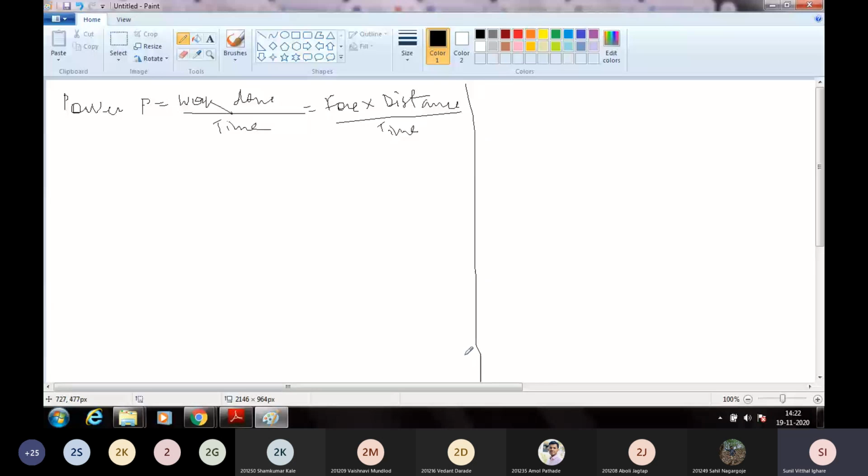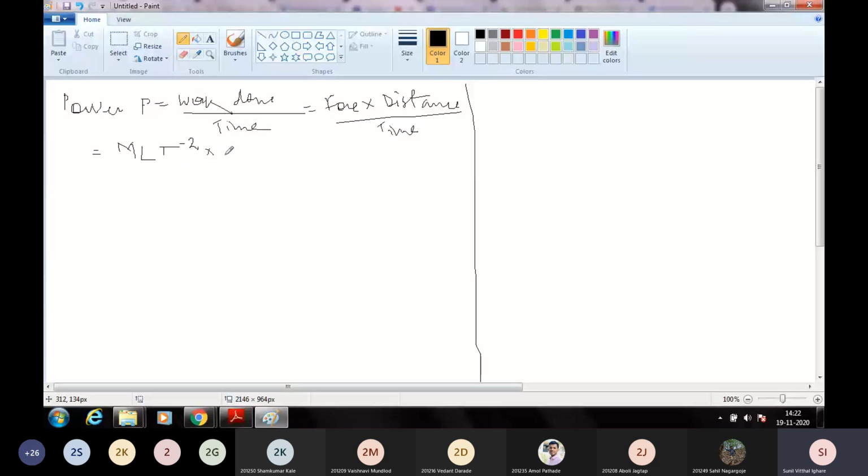Okay. So how to write force in the fundamental form, we just have seen. So I will directly put the value of force, M into L into T to the power minus 2. Don't remember it. Just see how it has been solved and try to remember the procedure and go with the procedure.